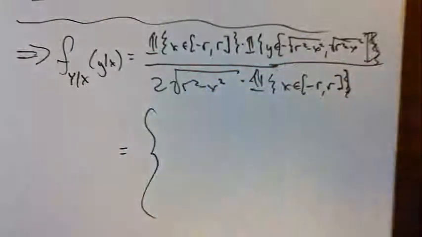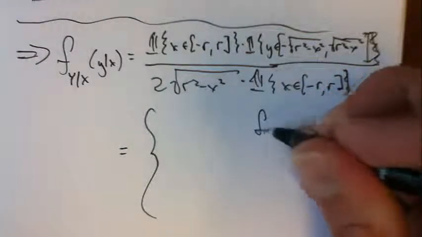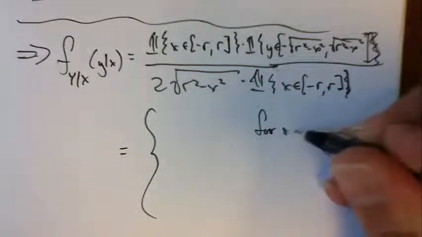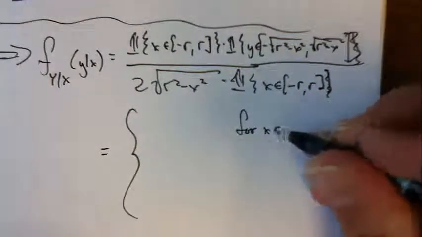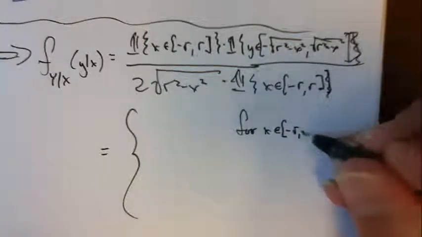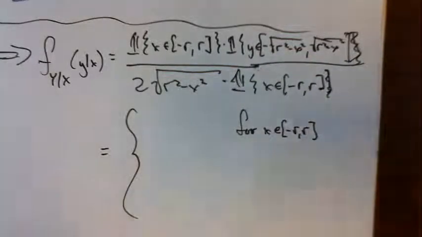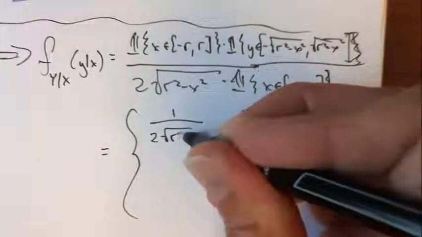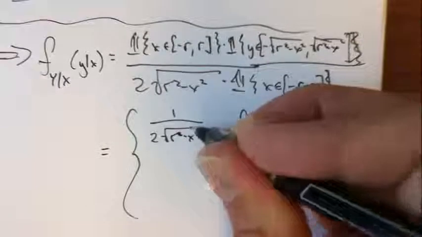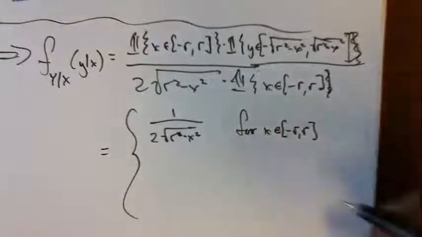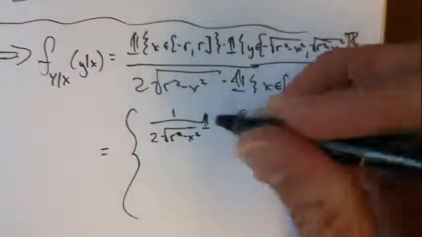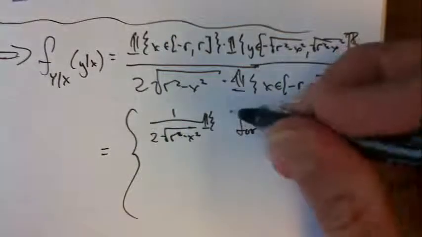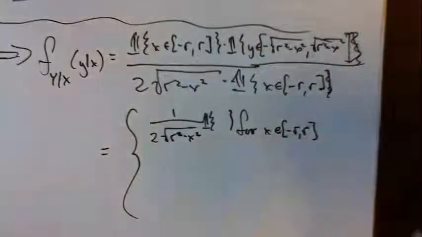Maybe this is a clearer way to write it: for x in negative r to r, this is just 1 over 2 root r squared minus x squared, times the indicator that y is where it's supposed to be.